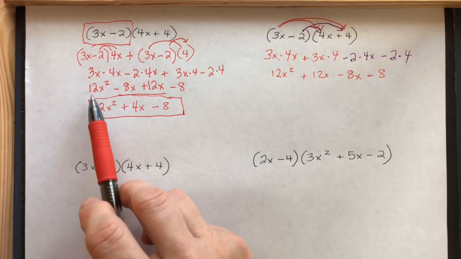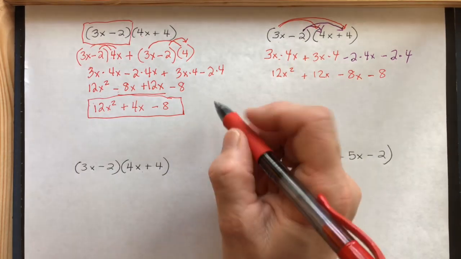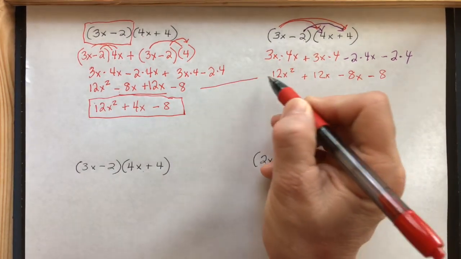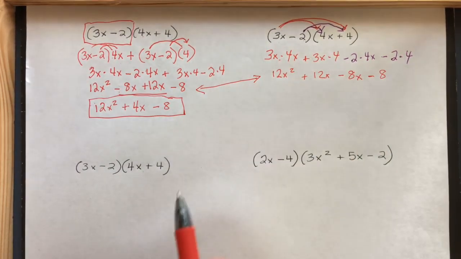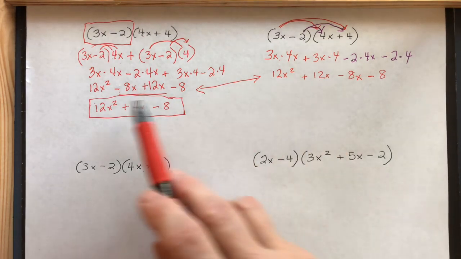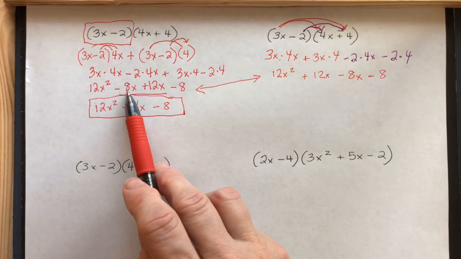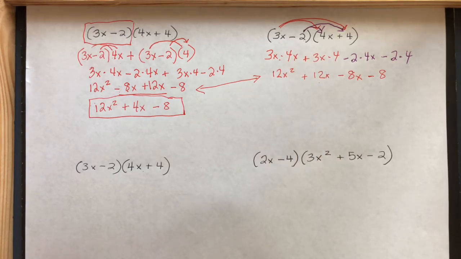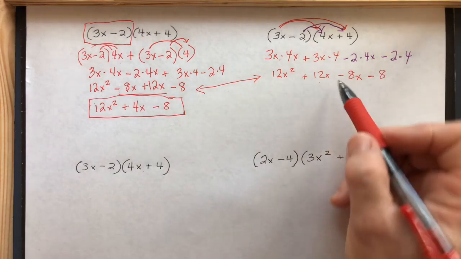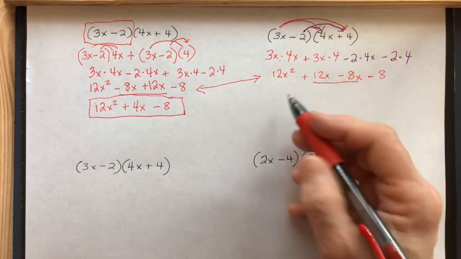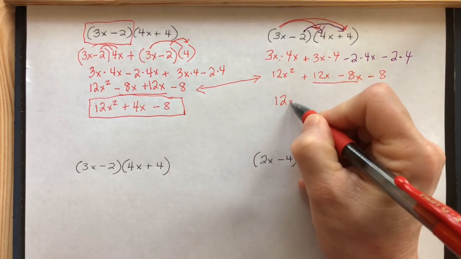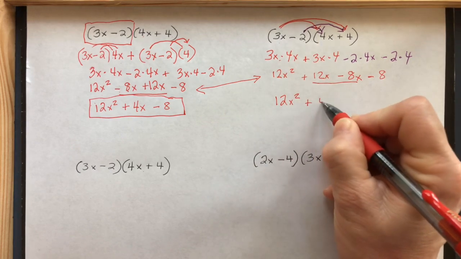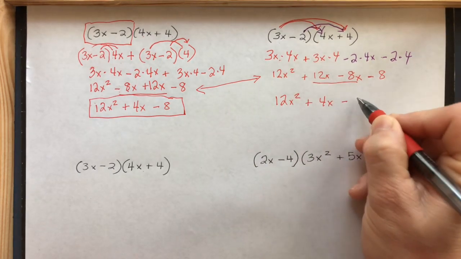Now, if you look over here, these two lines in these two problems are just the same, except that one of them has the negative 8x first, and the other one has the 12x first. But they are equivalent expressions. So the next thing we would do, of course, is combine these like terms. 12x squared plus 4x minus 8.